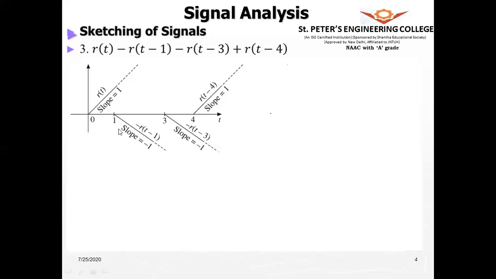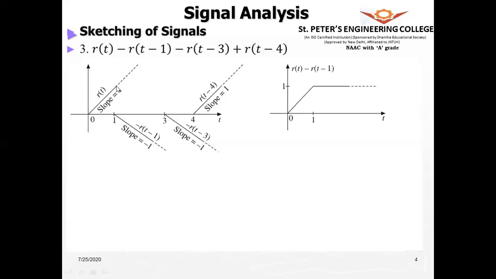Now one point we have to understand here is, when I have added these two ramps, what happens? This signal starts at t equals 0 and goes on, and it is present even at t equals 1. And at t equals plus 1, there is a negative ramp that is starting. So this is a positive ramp with a slope of plus 1, and this is a negative ramp with a slope of minus 1.